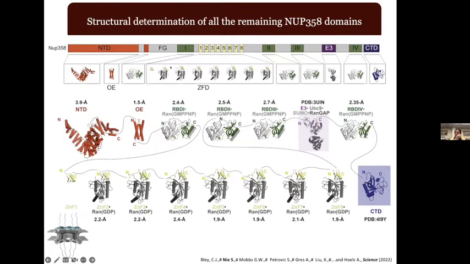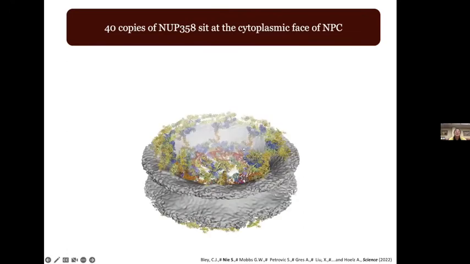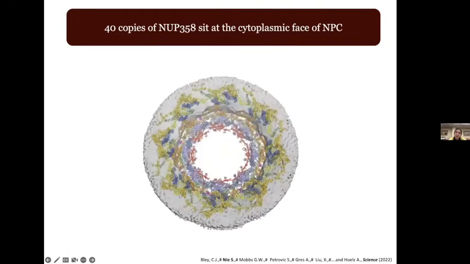358, besides the N-terminal region and the coiled-coil domain, has 4 Ran binding domains and multiple Ran GDP binding domains. I got 2 angstrom resolution. With all these models and structures, I was able to generate the 358 model at the cytoplasmic face.